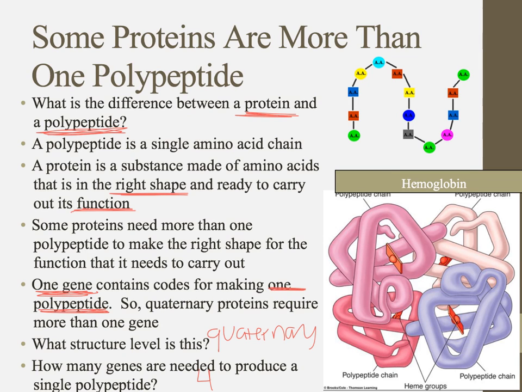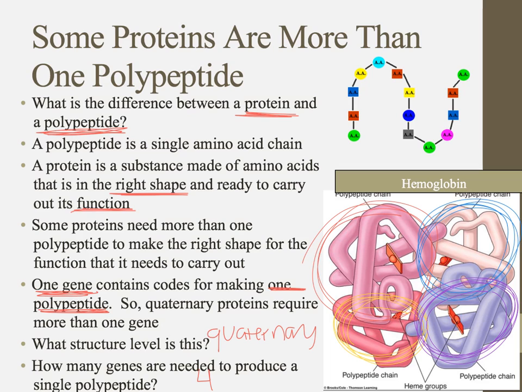Remember, genes are segments of your DNA. So one gene, which is one segment of DNA, makes 1 of these polypeptides. I would need another gene to make this polypeptide, another gene to make this polypeptide, and a whole other gene to make this polypeptide, okay? So one gene, one polypeptide. That means that quaternary proteins are always going to require more than one gene so that they can get those chains of amino acids into the final shape that they need to be.